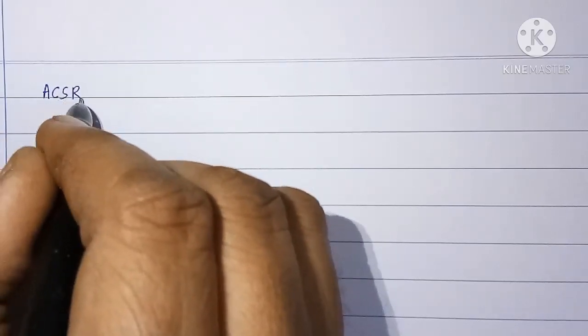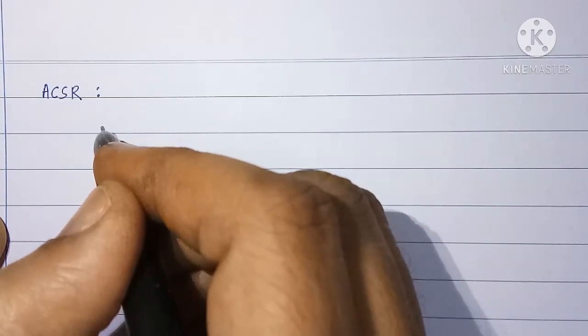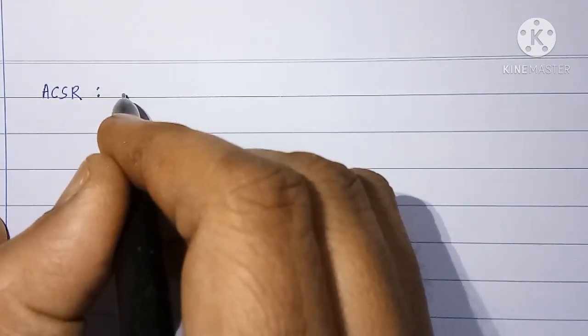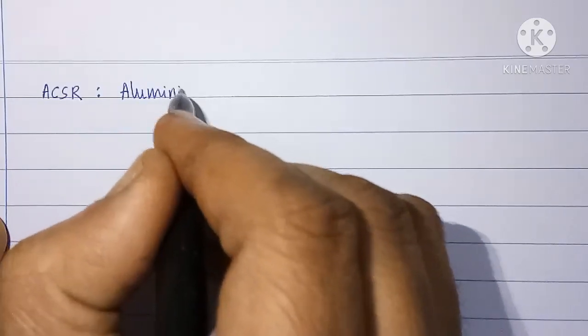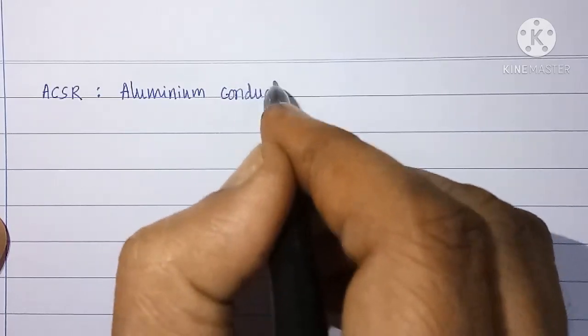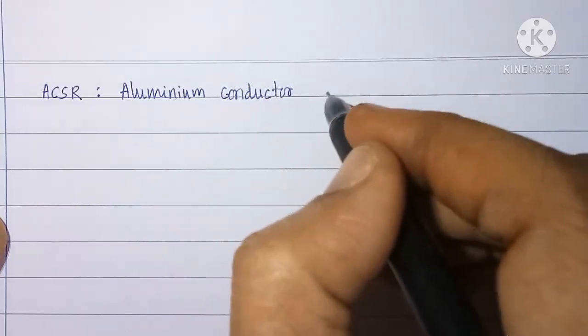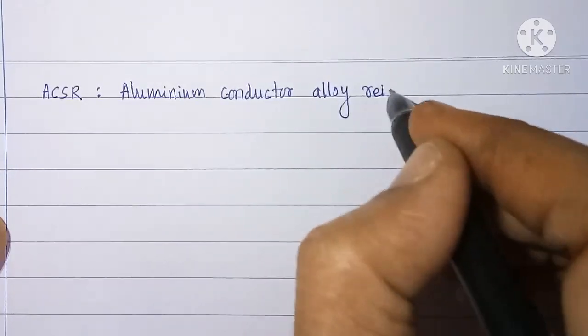Last class of aluminum conductors is ACAR. ACAR means aluminum conductor alloy reinforced.